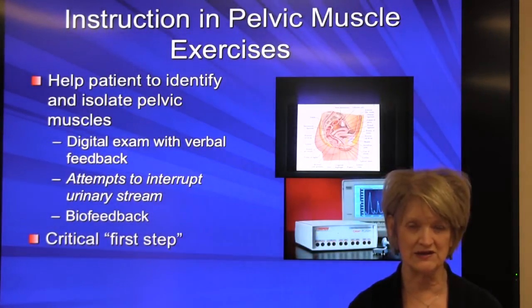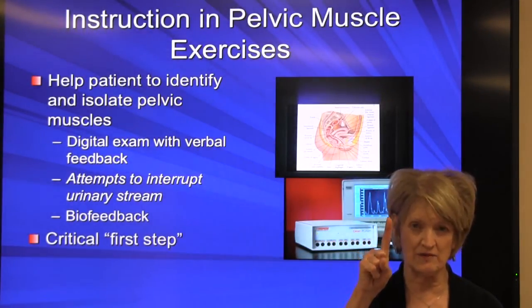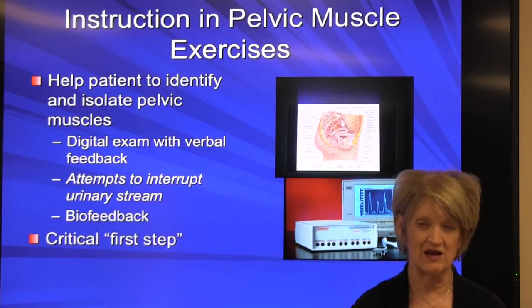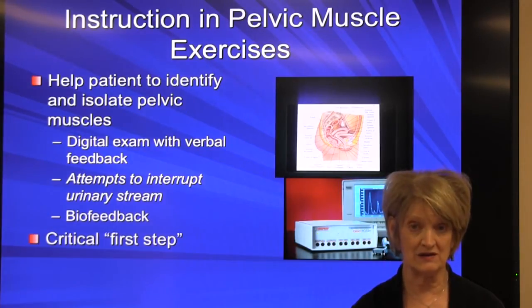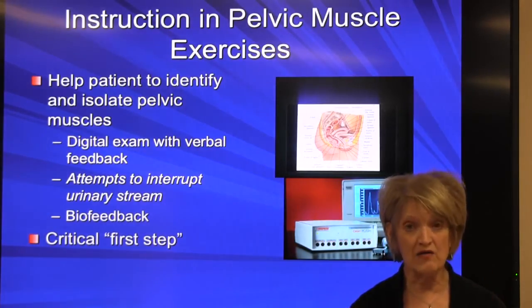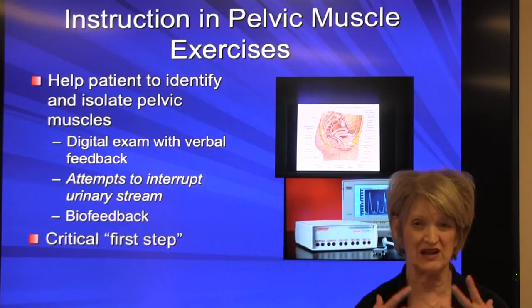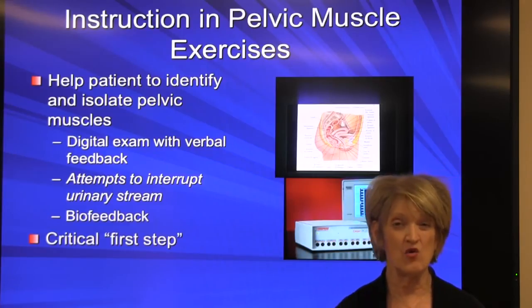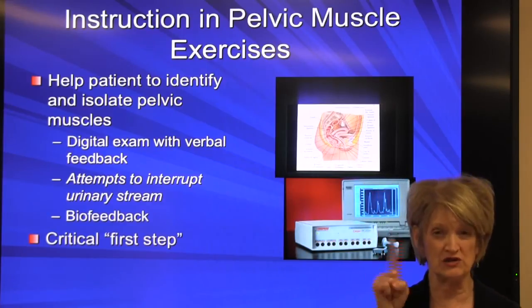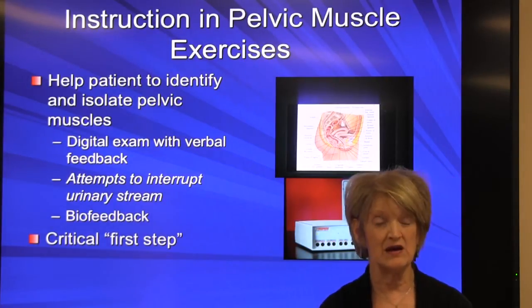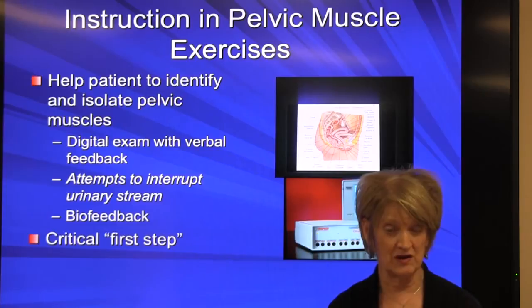So I can literally see, okay, I'm contracting the right muscle, but I'm not doing a very good job of holding it. That tells me try again to contract it. Okay, relax it. So biofeedback is simply giving me information about what I'm doing. It's giving me information in a visual format. Whereas if you put 1 to 2 fingers in my vagina and gave me verbal feedback, it's a different approach.